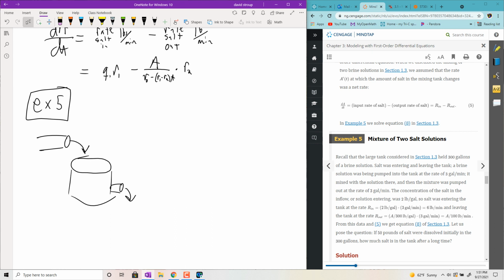This holds 300 gallons of brine solution. So V sub 0 is 300 gallons. Salt is entering and leaving the tank. A brine solution is being pumped into the tank at a rate of 3 gallons per minute. So that's the R1 value, because you could tell by the units, 3 gallons per minute.